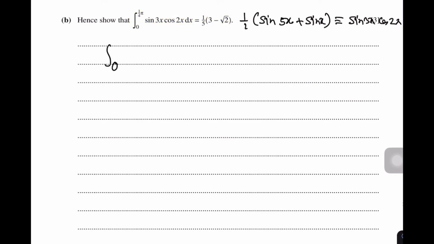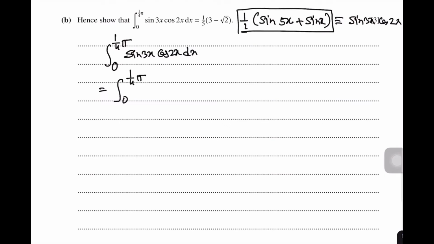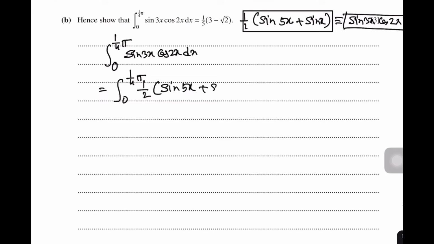The integral from 0 to pi by 4 of sin 3x cos 2x dx equals the integral of, let me substitute this part, for which we have done in the previous part, half of (sin 5x plus sin x) dx.